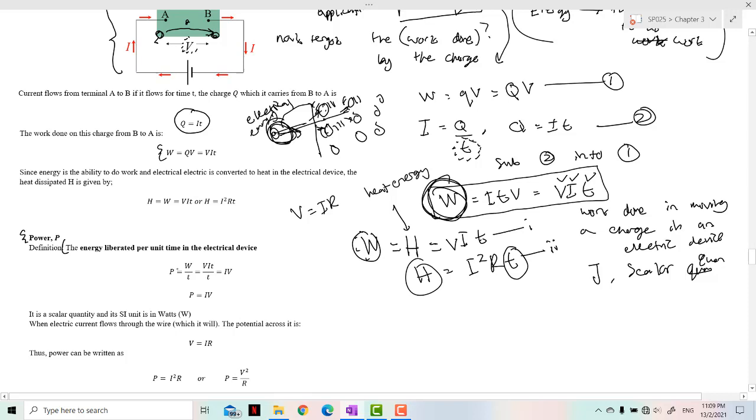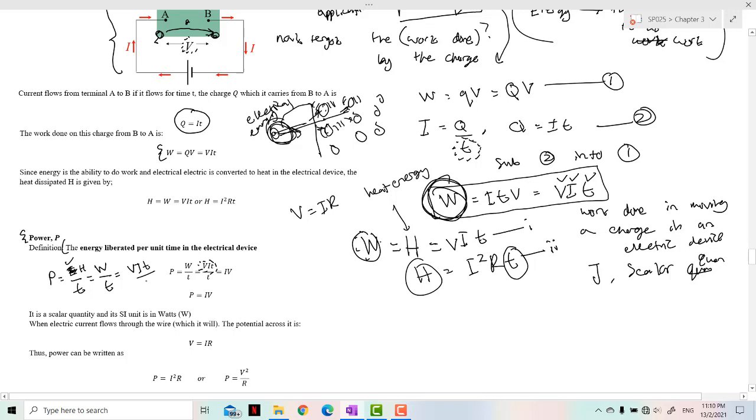So here power is equal to energy per unit time. But as I said, we're using the work to convert our electrical energy to heat energy. So you can also write this down as W over T, which here is VIT. So the equation we got earlier, work or the energy here, you can write H too, both are in units of joule, so it's still the same.